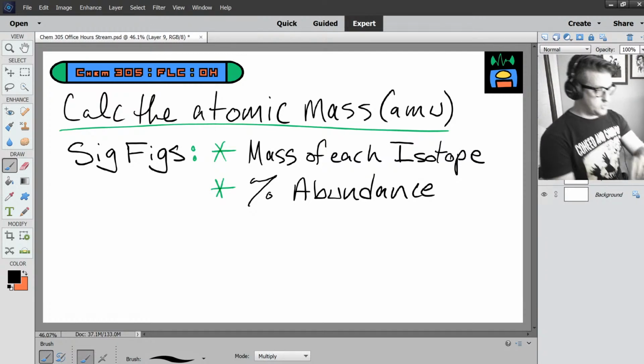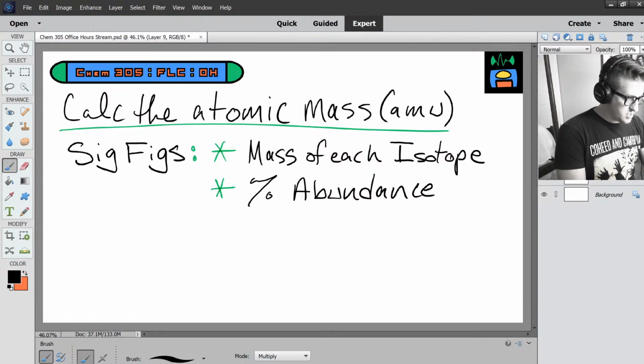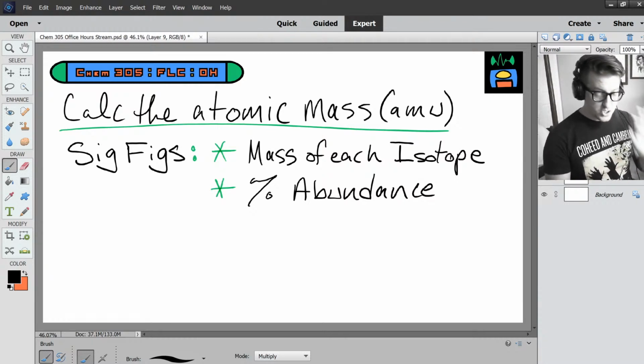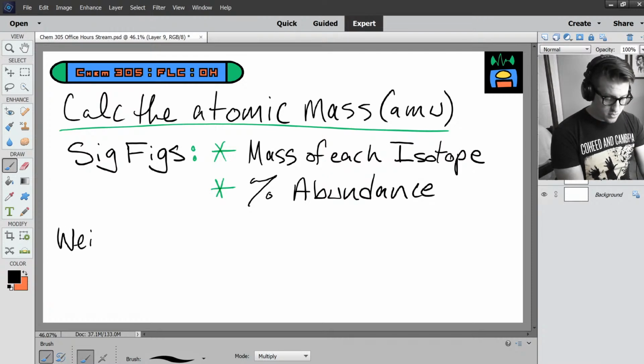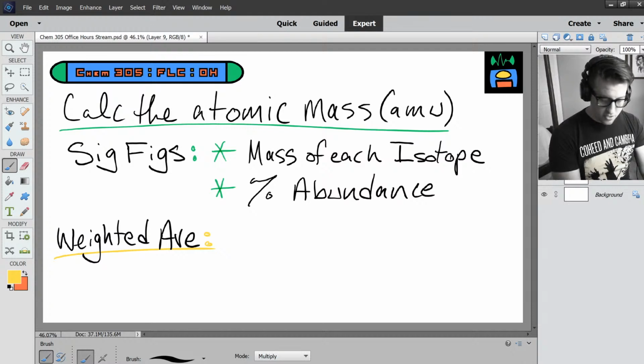Okay, Jen, you were wondering about Susan's question. Right, so sig figs wise, you've got to watch for the mass of each isotope and the percent abundance. Now, in the equation for the weighted average, there's that 100 in the denominator.